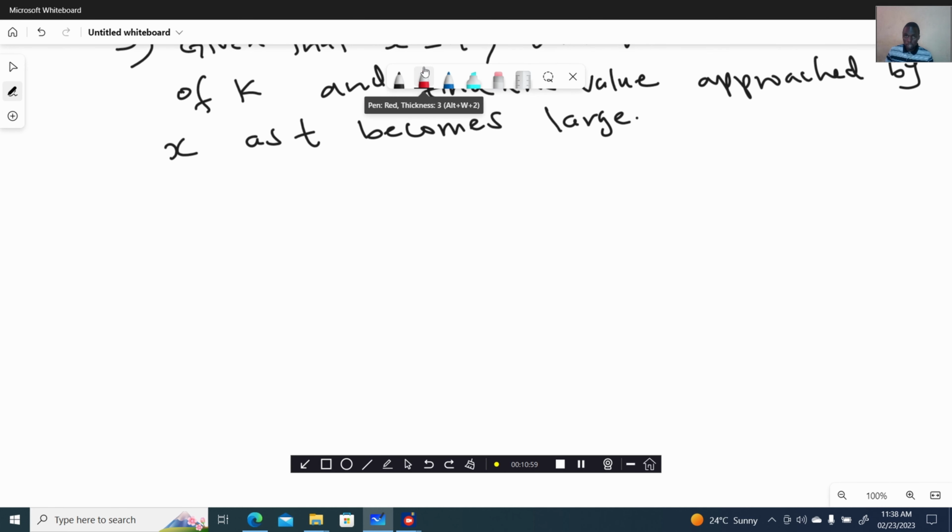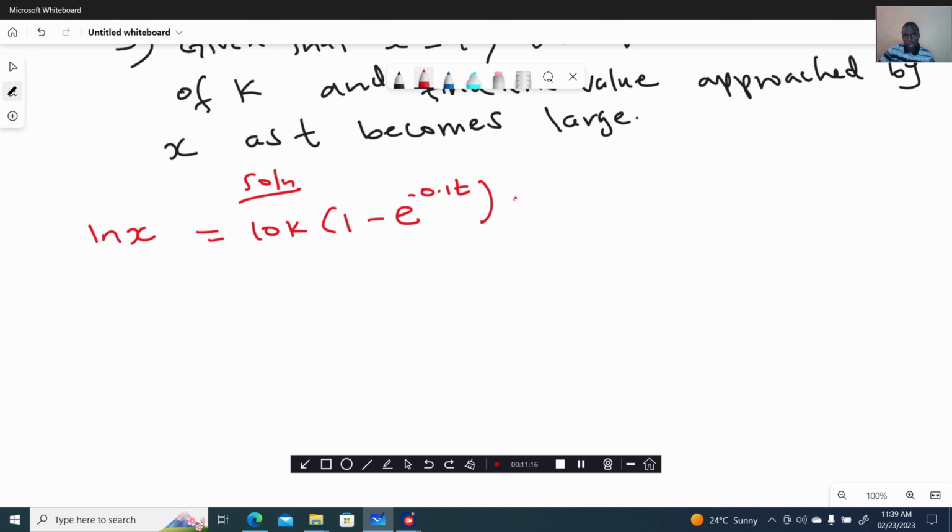We know that this is the solution: ln x equals 10k into bracket 1 minus e to the power of negative 0.1t, then plus ln 20. So this will give us ln 40.